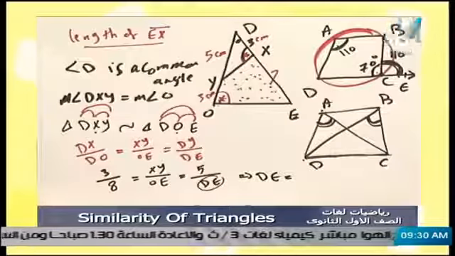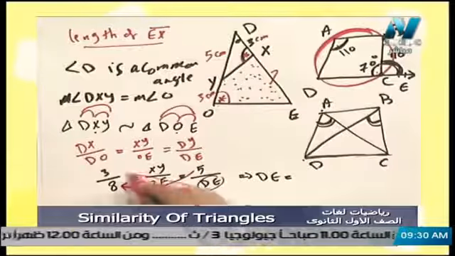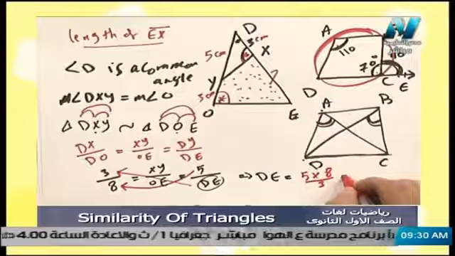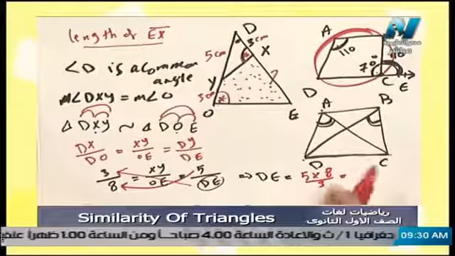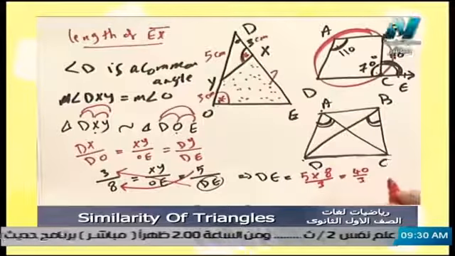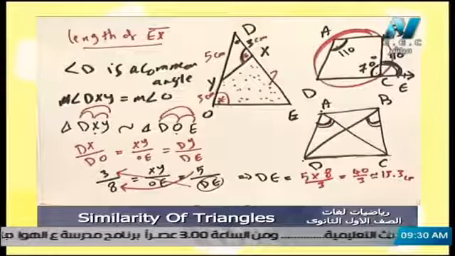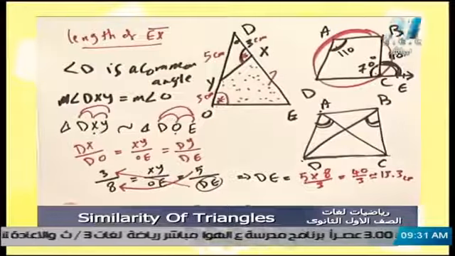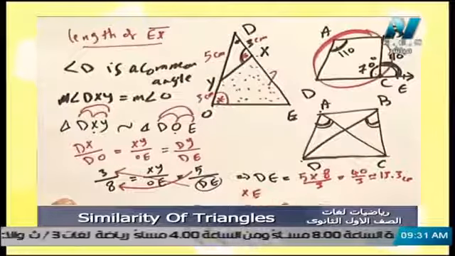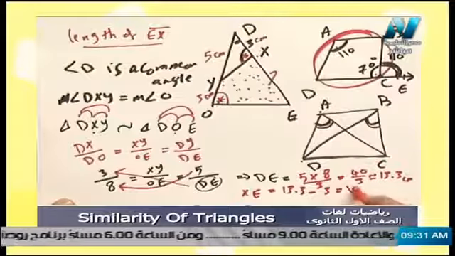DE equals 5 times 8 divided by 3. 5 times 8 equals 40. 40 over 3, approximately 13.3 centimeters. And DX here equals 3, so XE equals 13.3 minus 3 equals 10.3.